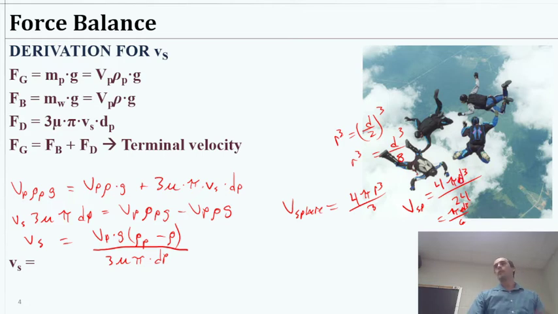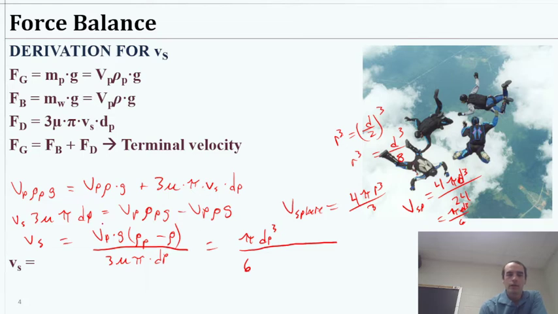Okay. So with that, instead of the Vp up here, we can insert that function. I'll put pi and 6 on the bottom, pi on top, 6 on the bottom, dp cubed.